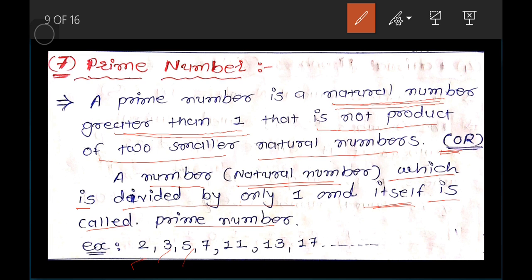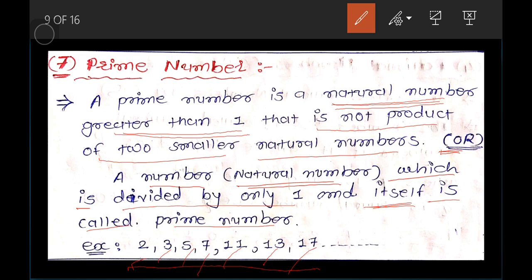Take 5, it is also divisible by only 5 and 1. 7 is also divisible by 1 and 7. 11 is also divisible by 1 and itself. 13 also, and 17. These types of numbers are known as prime numbers, which are divisible by only 1 and itself.